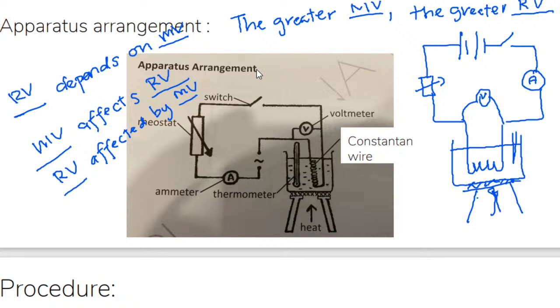In that case, yes, you use the RV first, followed by MV. Okay, Jasmine? But if you use 'the greater', use MV first. Okay, Jasmine, can?